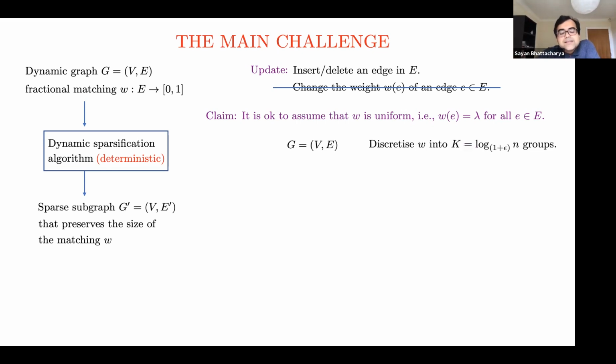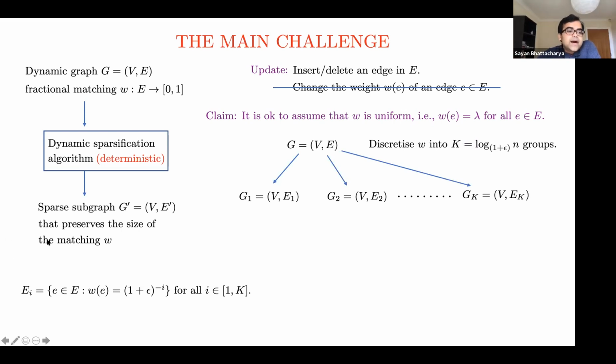Why can we make this assumption? It's because we can just discretize the input matching W into log n groups in powers of epsilon. Basically, E_i will be the set of edges whose weights are (1 plus epsilon) to the power minus i. And this partitions the input graph into these log n different subgraphs. And in each subgraph, you now have a uniform fractional matching.